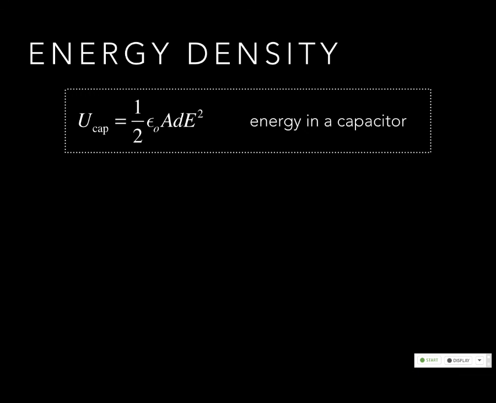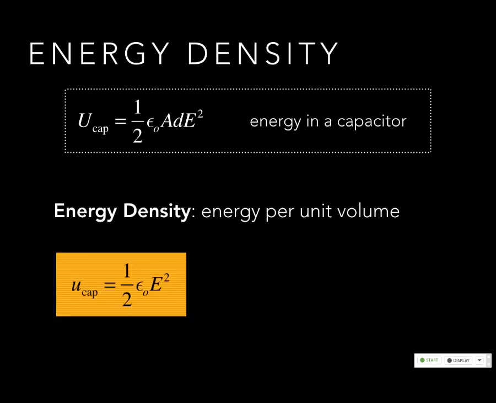So we take that, 1/2 volume, right? That's what AD is, epsilon naught E squared. We divide that by volume, and we get 1/2 epsilon naught E squared. That is the energy density inside of a capacitor, okay? And we derived it for a parallel plate capacitor, but it turns out that works for all capacitors, okay?